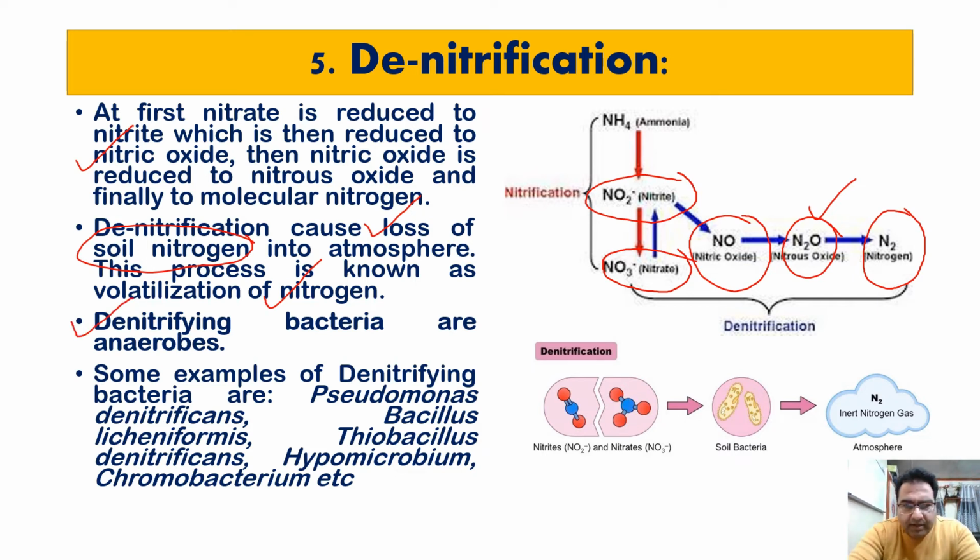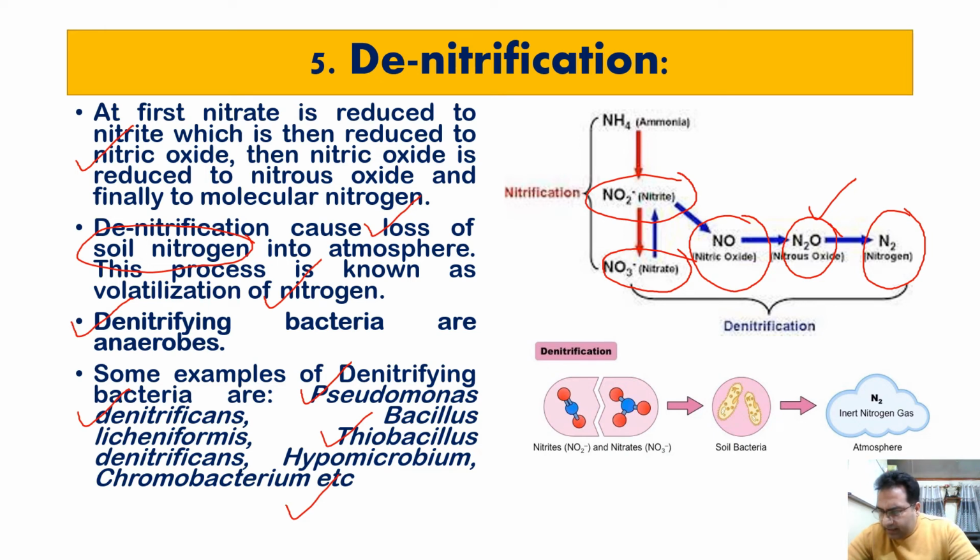Some examples of the denitrifying bacteria are Pseudomonas denitrificans, Bacillus licheniformis, Thiobacillus denitrificans, Hyphomicrobium, and there can be others such as Chromobacterium, etc. So there are many bacteria which help in denitrification.